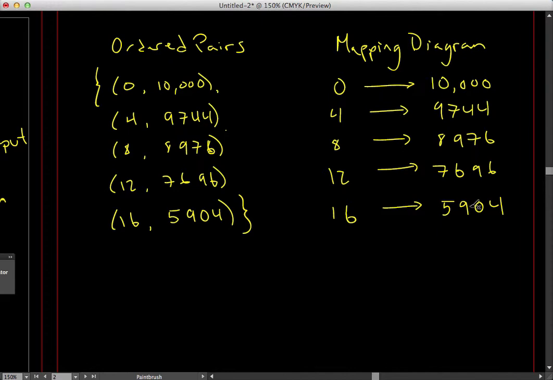So a table of values would essentially be the mapping diagram, but instead of the arrows, you could draw a table of inputs and outputs. Okay? All right, so we have our ordered pairs, we have our mapping diagram, we have our table of values.